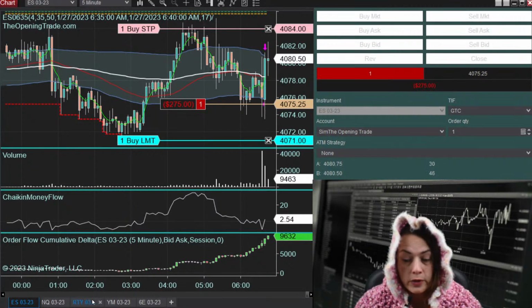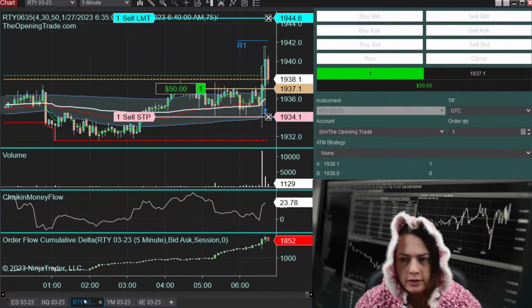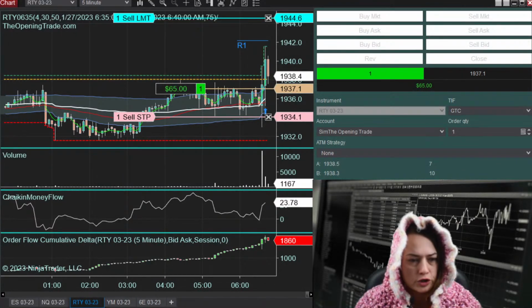We want this one to go down to blue. And we want, come on finger, we want this one to go up to blue. So this is the Russell 2000 futures.